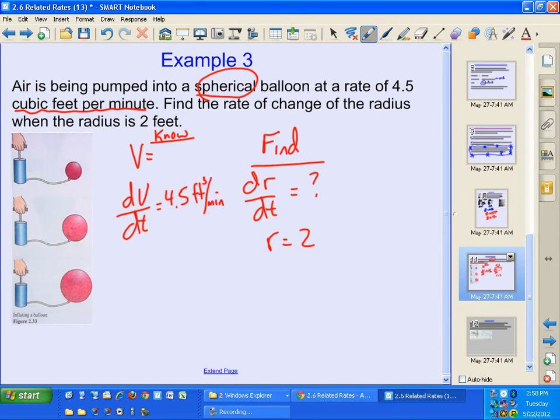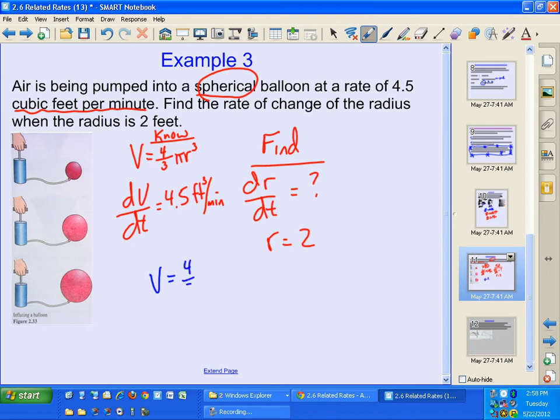So how are we going to deal with this? Well, we need to remember the volume of a sphere, and the volume equation from geometry again is 4/3 pi r cubed. So now that I have my volume equation, these are my specifics to what's going on here. So I need to differentiate the volume equation.